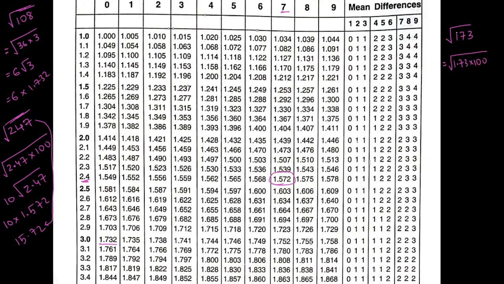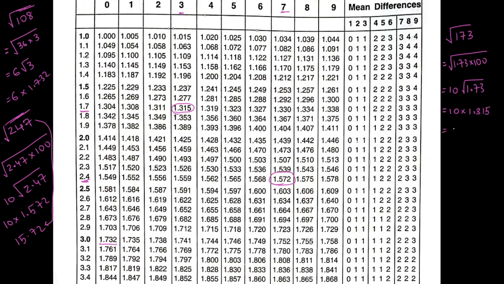All we've done is we've written 173 as 1.73 into 100. Now the square root of 100 is 10, and we'll find the square root of 1.73 from the given table. We have 1.7 over here, and 1.73 will be this value under the 3 column, right? So the square root of 1.73 is 1.315.